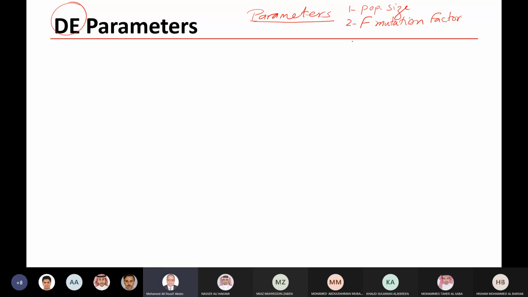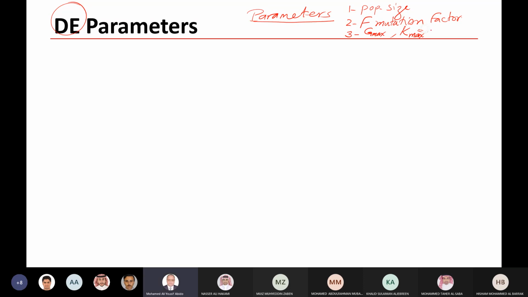What else do we need? The stopping criteria. We should set the stopping criteria, am I right? Yes, the stopping criteria: we need to set the Gmax, the maximum number of generations, and also the Kmax. What is the Kmax?